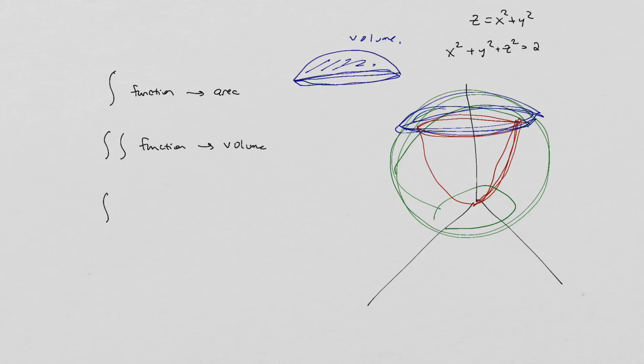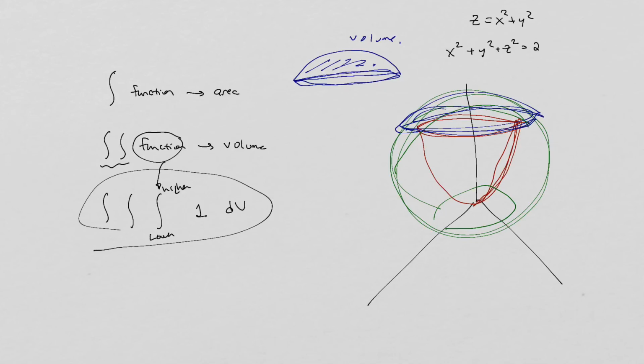So what we could do to create a volume using a triple integral is, again, use these same double integrals we've got here, but then take this function and turn it into an integral, where we're going from the lower function up to the higher function. Right? And then what's left over is just the multiple of 1. Right? So if we want to find a volume using a triple integral, this is the idea we can use to set it up.